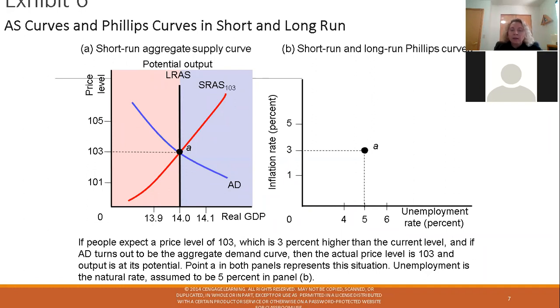And the way we talk about a price level of 103 is that it means we have seen 3% inflation since the base year. The base year always has an index of 100. So in this case, we find our equilibrium at 103. That means we've seen that 3% inflation since the base year, okay?